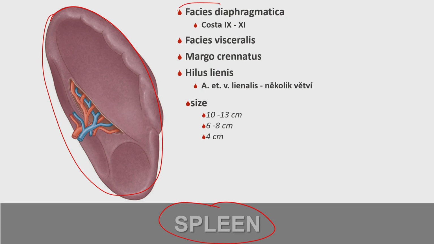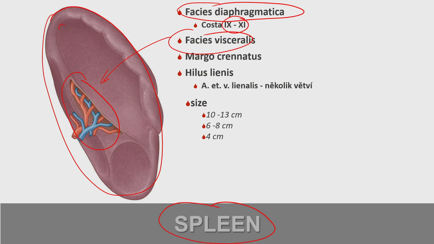It has a face facing diaphragm, so facies diaphragmatica, between ribs 9 to 11, and then the visceral face, facing stomach, facing liver, facing kidney, and facing colon. And then we have hilus. Hilus is where vessels, arteries and veins, are entering or leaving.